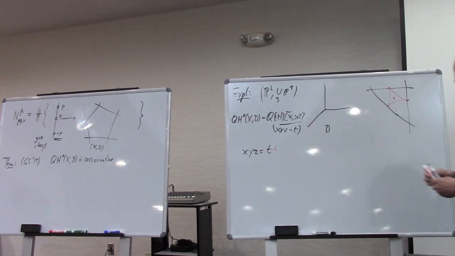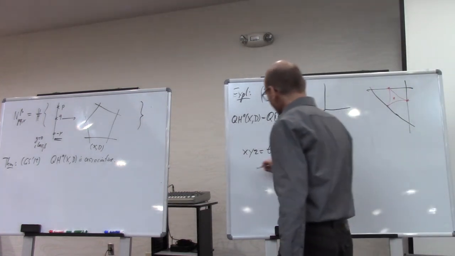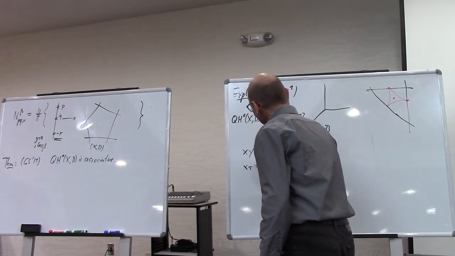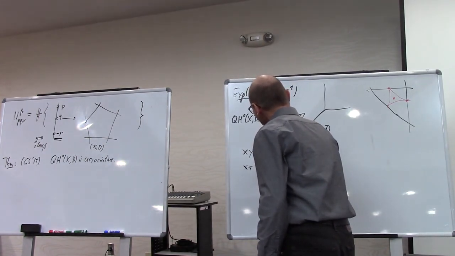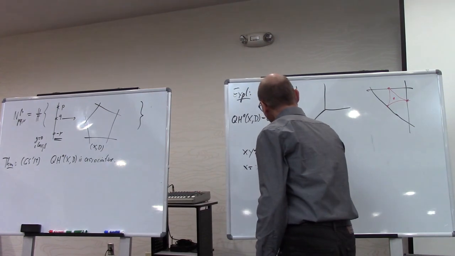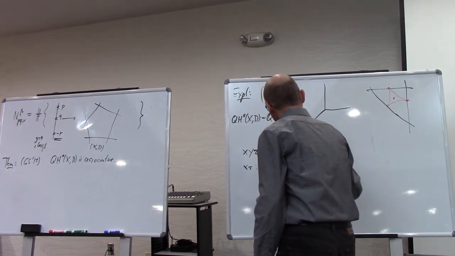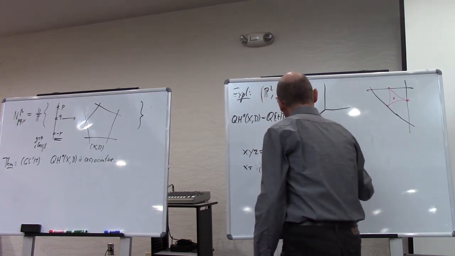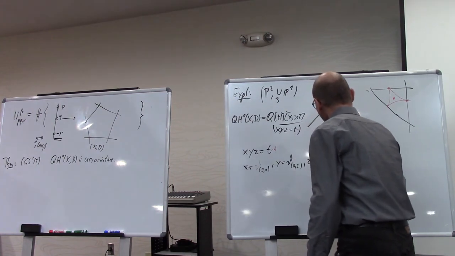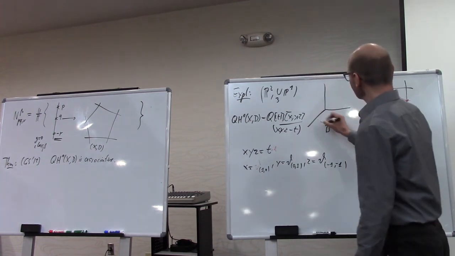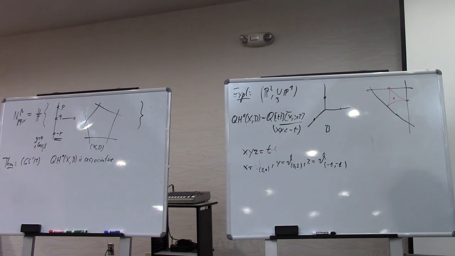Okay? These are the x, y, z. I haven't said what x, y, z are. So the x would be, in my notation from before, theta_(1,0). The y is theta_(0,1). And the z is theta_(-1,-1). Okay, so these are these 3 generators.